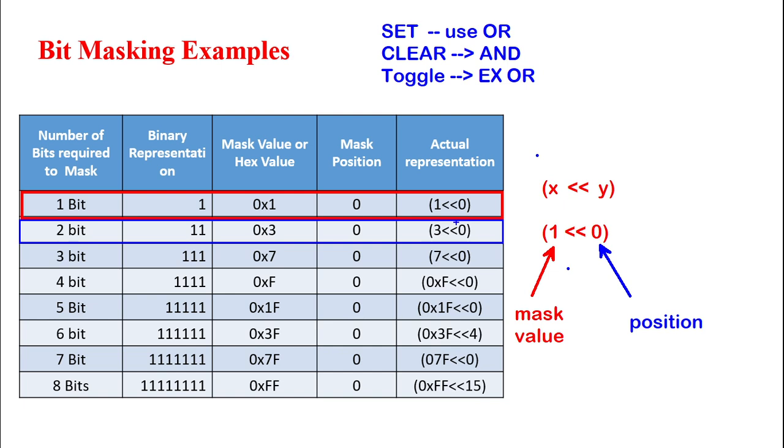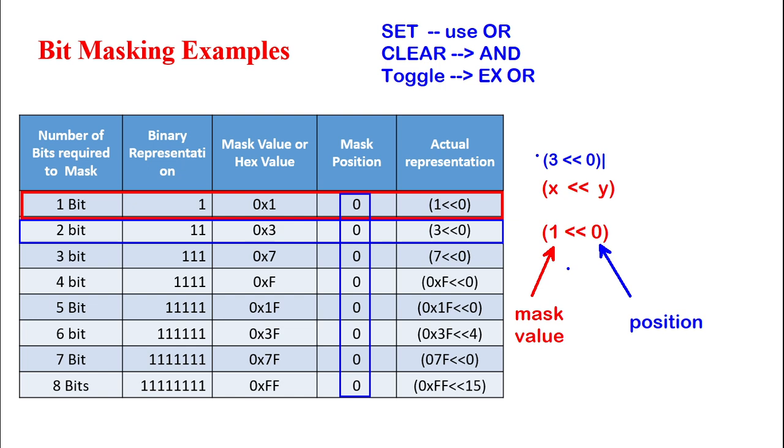Now the actual representation is 3 left shift of 0. I'm keeping the mask position 0 for all. So when you write it, it looks like this: 3 left shift of 0.